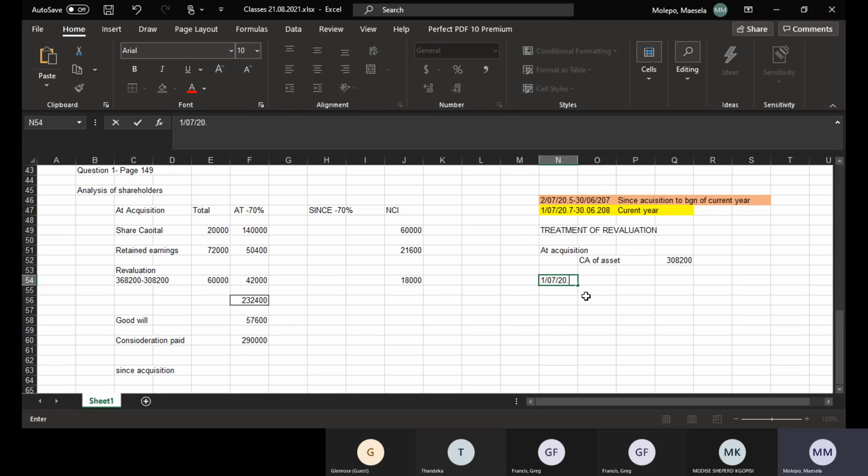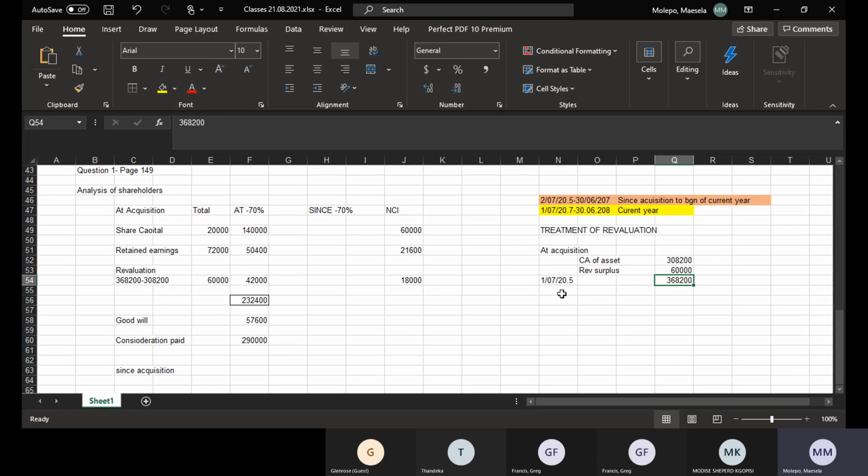Now, as a result of the revaluation, now the asset is sitting on 368. There is a revaluation surplus here of 60.